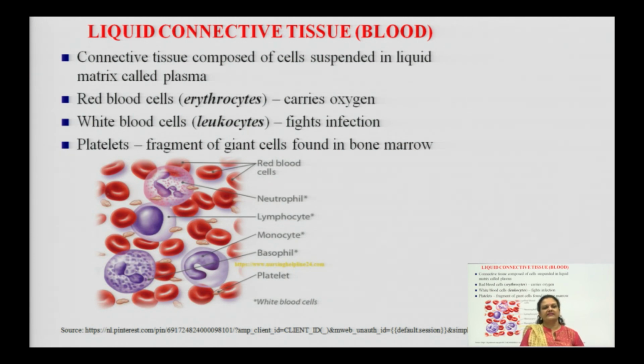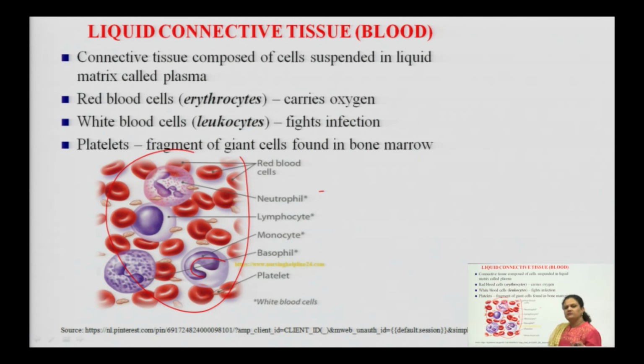Now the third cells are the platelets. These platelets are nothing but fragments of giant cells found in the bone marrow. So see this diagram, this is the entire blood structure composed of RBC cells, which are red in color and circular shaped. Then in the center you have neutrophils and lymphocytes. Again, see this curved structure, these are the monocytes, small blood cells.